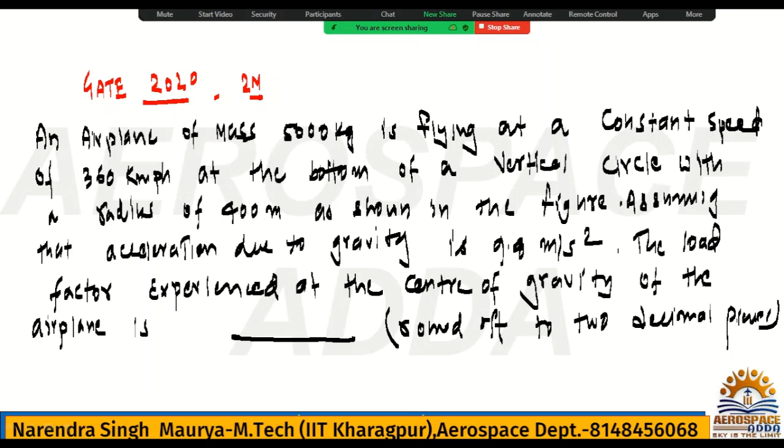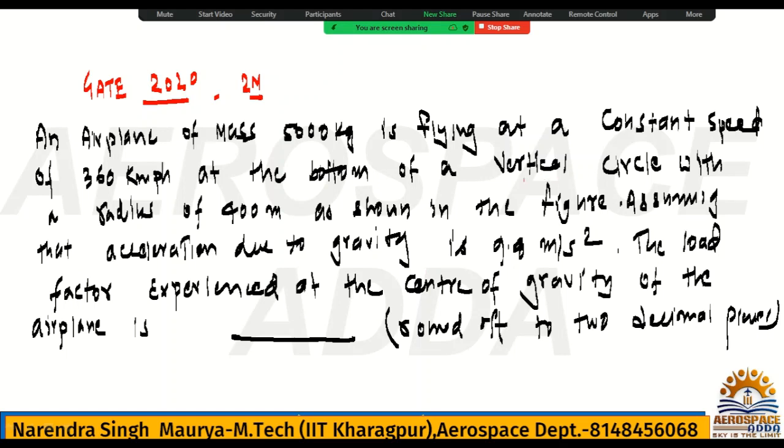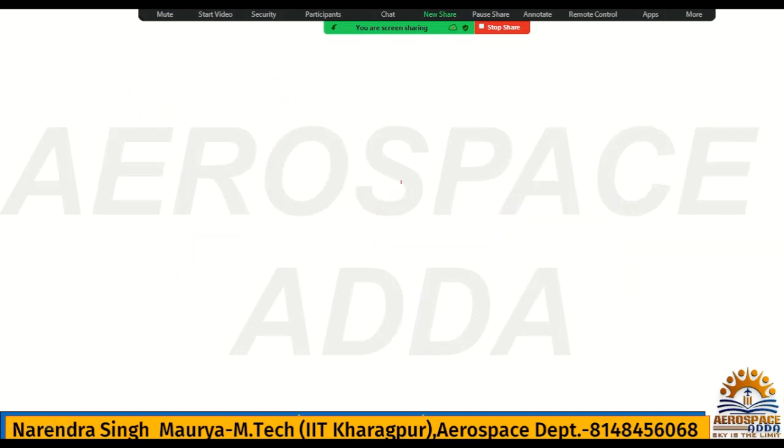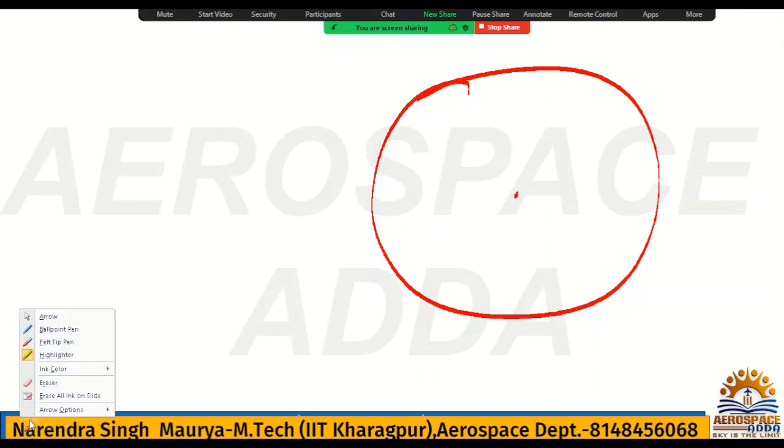Anyway, if you solve this problem, what they have said, bottom of a vertical circle. So I will draw the circle. This is the circle here, and in the problem they had said there is a vertical circle.